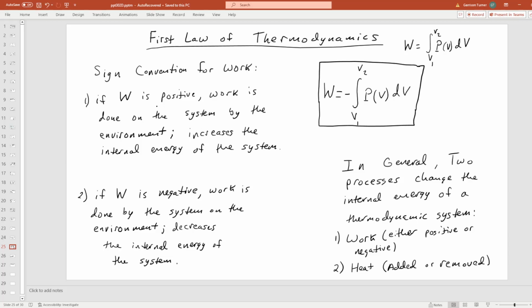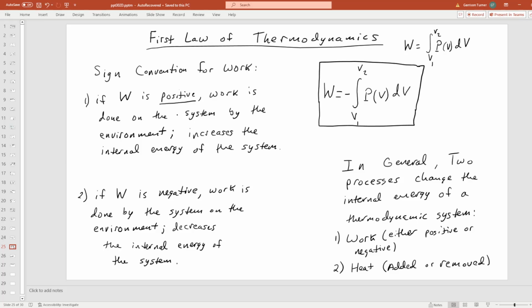If the result of that calculation is positive, then this means that work is done on the system by the environment or some sort of external agent. When this work is positive, this increases the internal energy of the system.